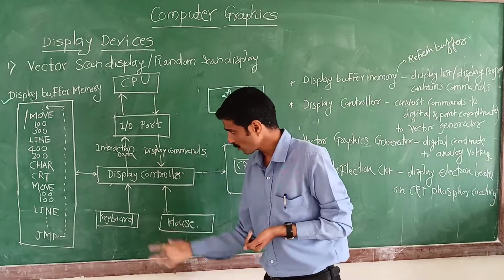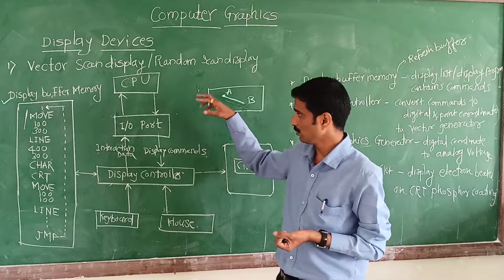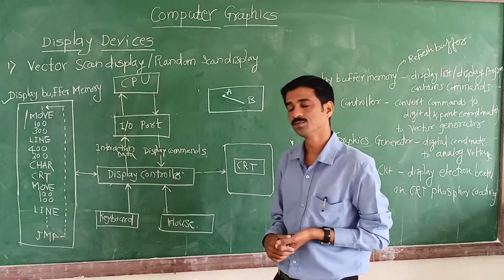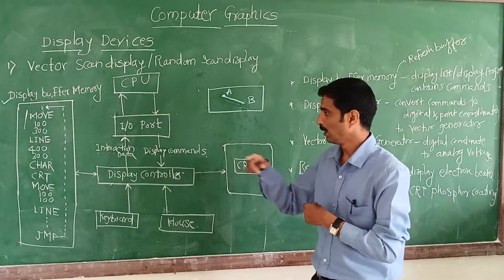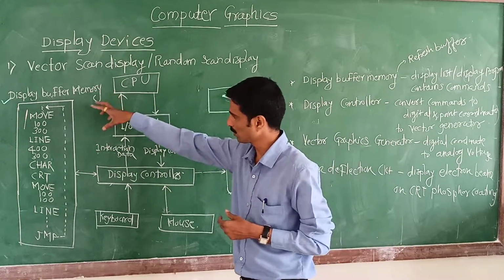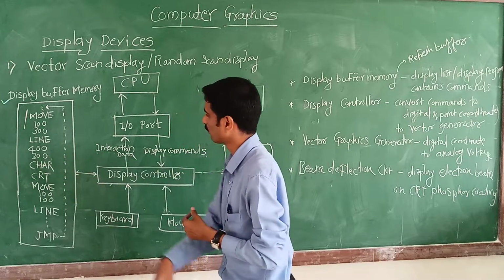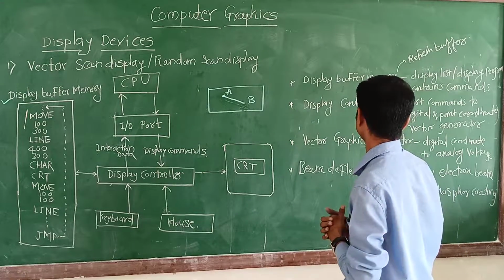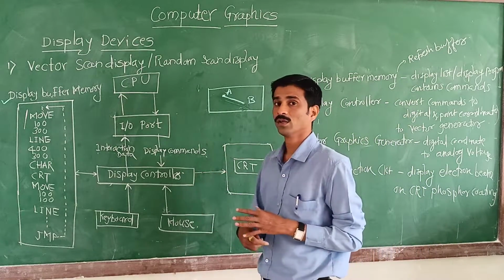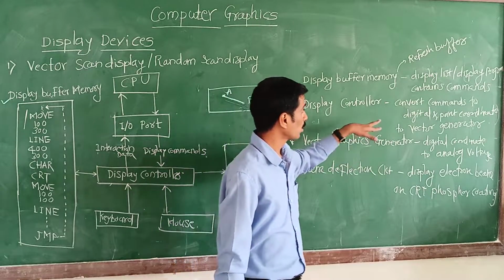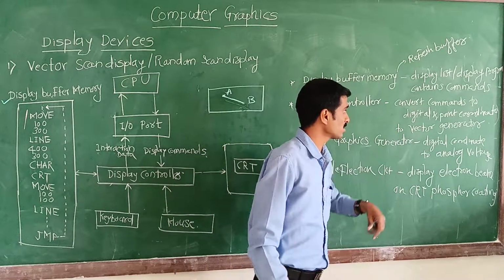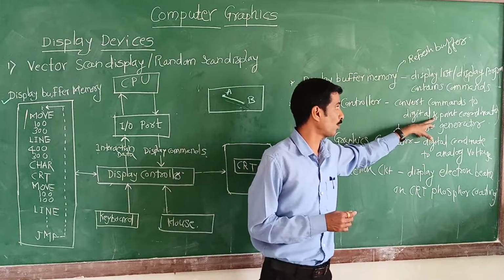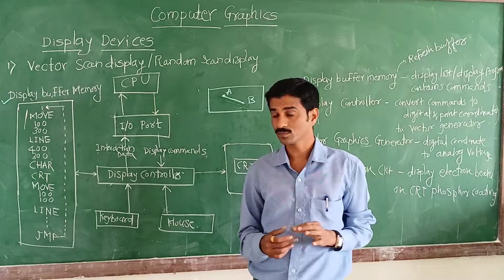Okay, so the CPU and I/O port are helping the display controller read the instructions, or the commands, from this display buffer memory and convert these commands. The display controller is going to convert commands to digital endpoint coordinates.